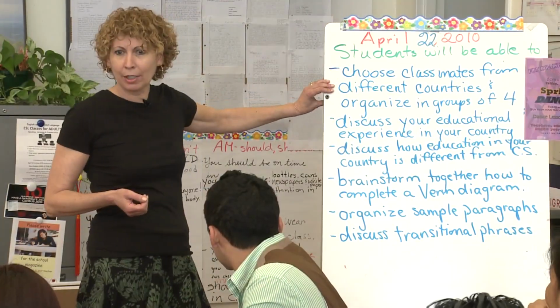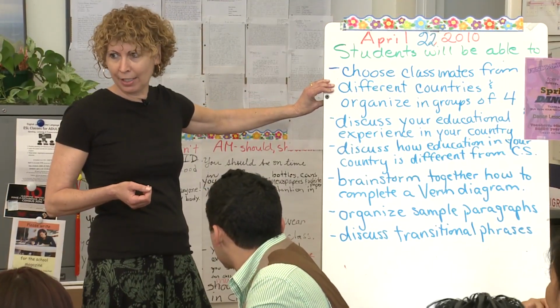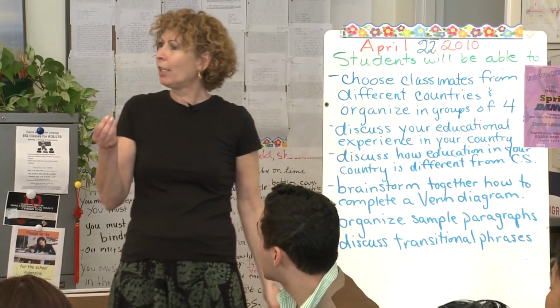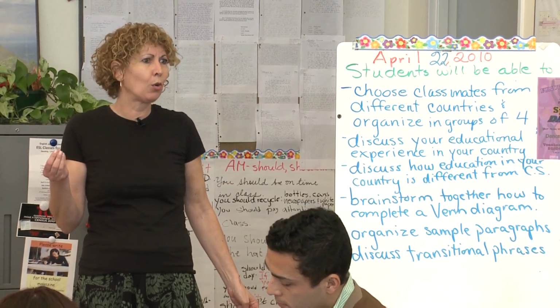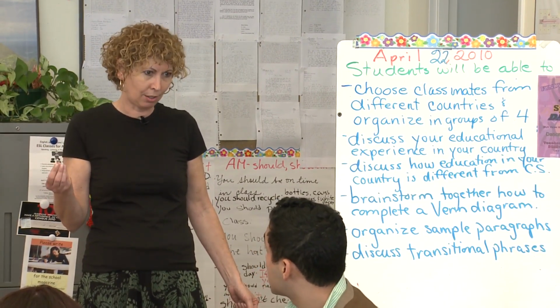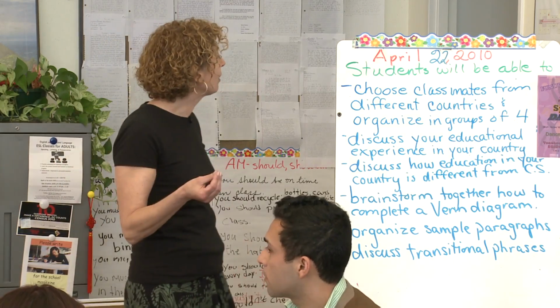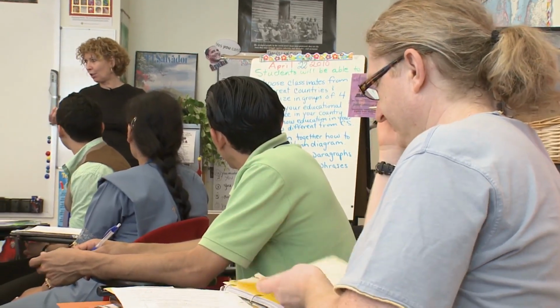The first thing we're going to do is have you organize in groups. Now, all of you should have your questionnaire about your experience in your country regarding your education. That's going to be the basis of your conversation.